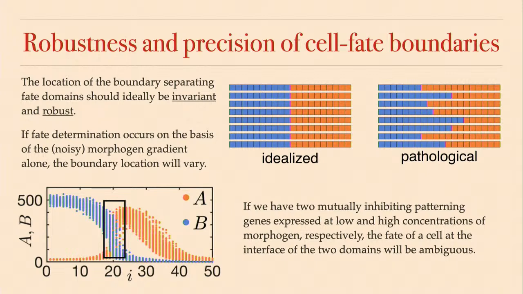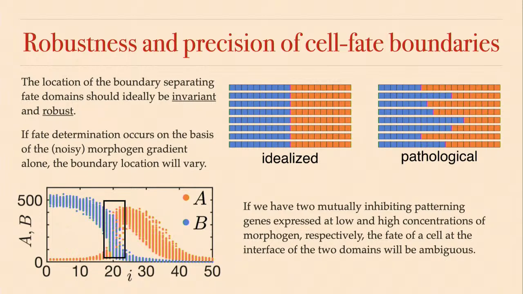Suppose we have a noisy morphogen concentration going from, let's say, 0 to 50, and a system with two genes, A and B. B is expressed at high morphogen, A at low morphogen. Close to the morphogen source, B is dominating. Far away, A is dominating. But in the middle, there could be some ambiguity.